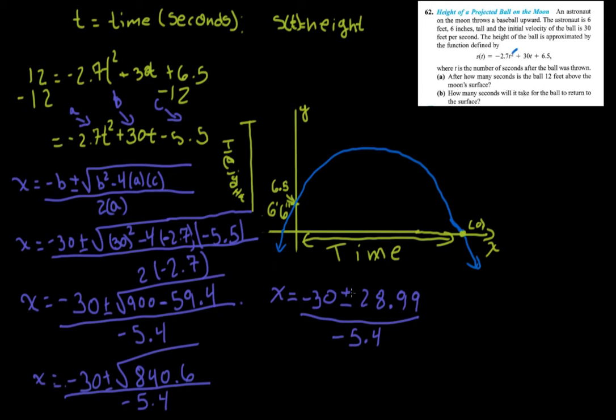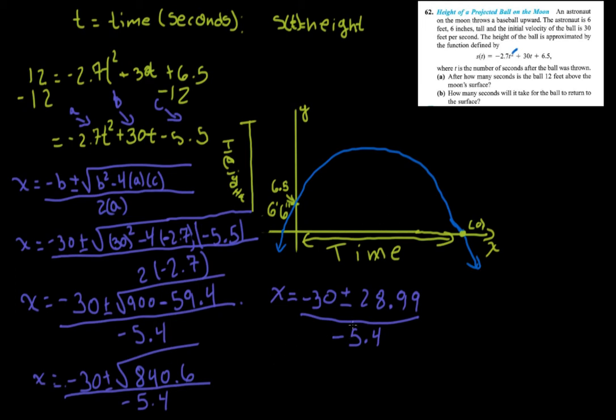So one of these values is not going to be right, so we're going to go with the value that gives us positive x, okay? Because we are working in real time and real height, so we're not talking about the past, we're doing the present, right?